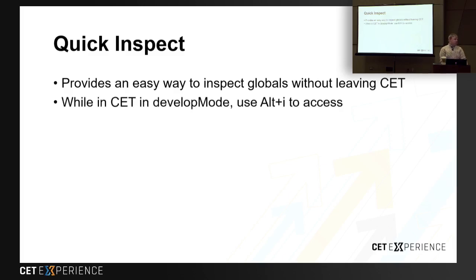While you are using CET in develop mode, if you have any CET view in focus, you can just hit Alt-I. I suppose it's possible that you've accidentally run into this, but it's a little bit hidden. Hopefully you're used to the Alt-I muscle memory from Emacs, so this just works the same way in CET.